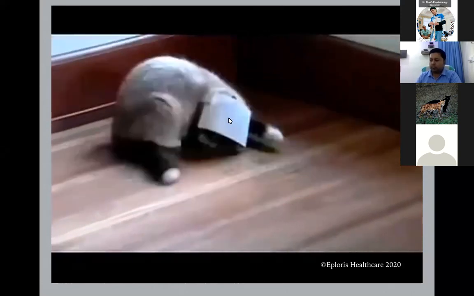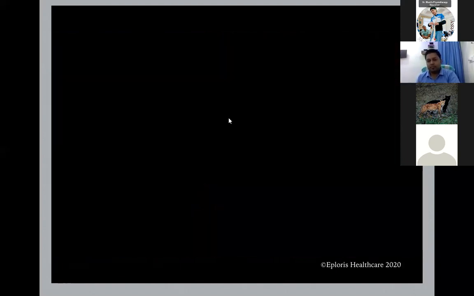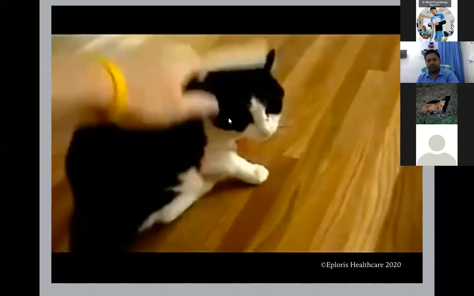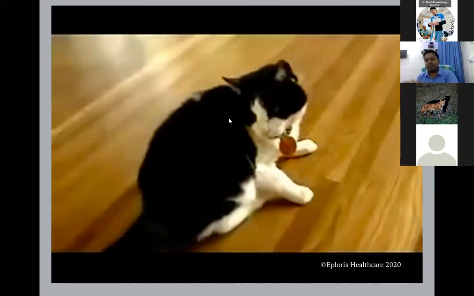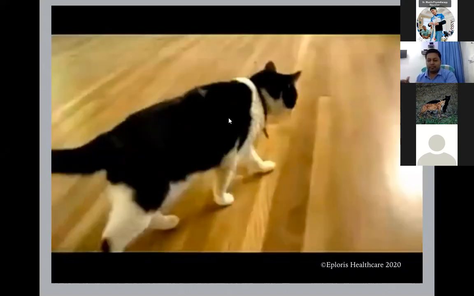Both cats significantly the period of frozen. Also, as soon as the tape was removed from the cat, they returned to their normal.